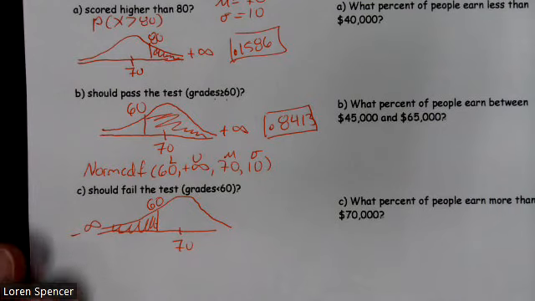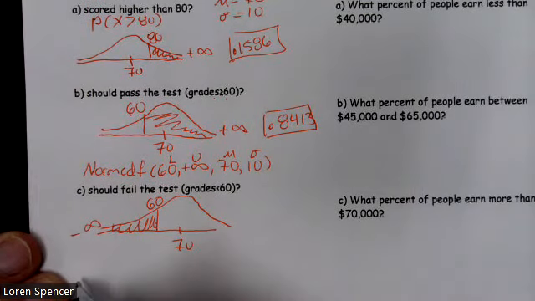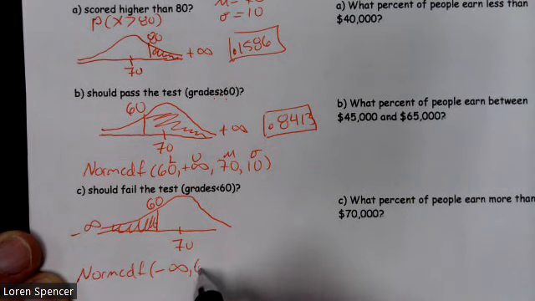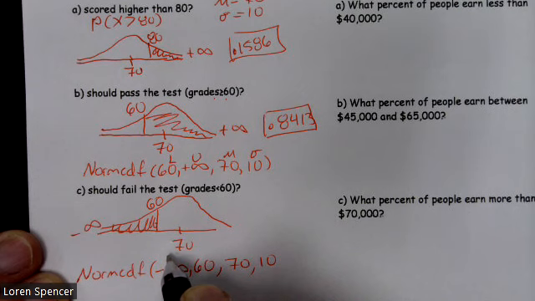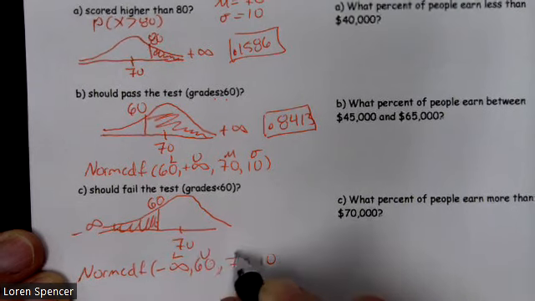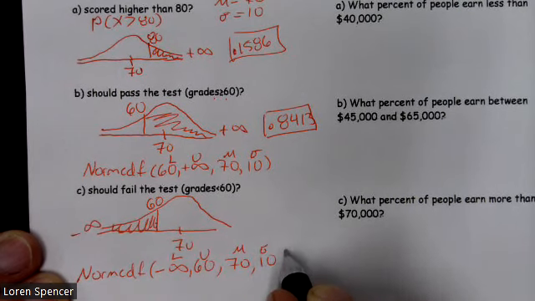All right. So norm CDF. Lower bound negative infinity, upper bound 60, mean of 70, standard deviation of 10. So lower, upper, mean, standard deviation.